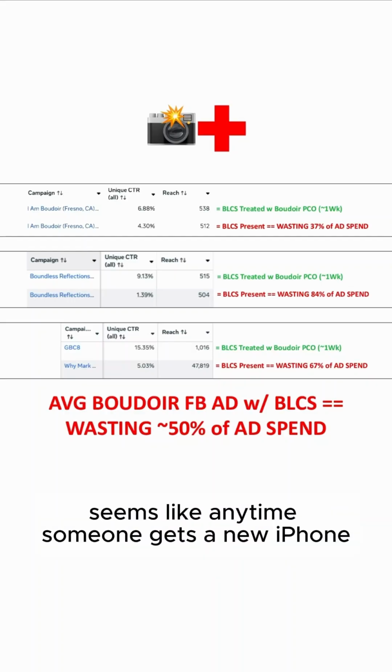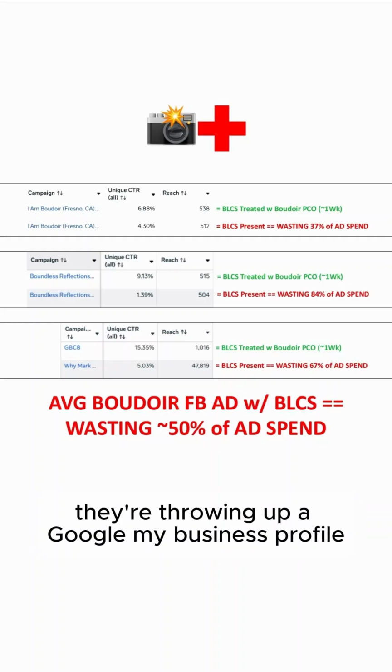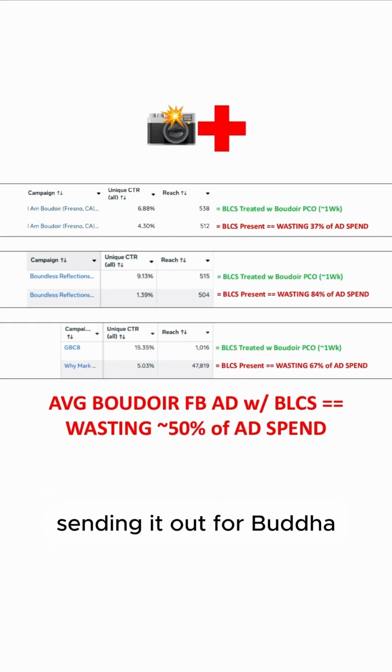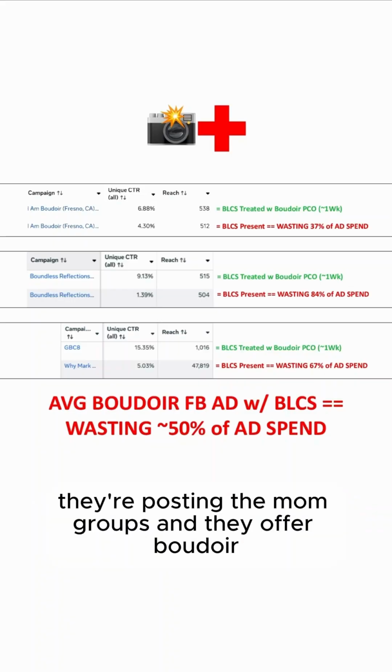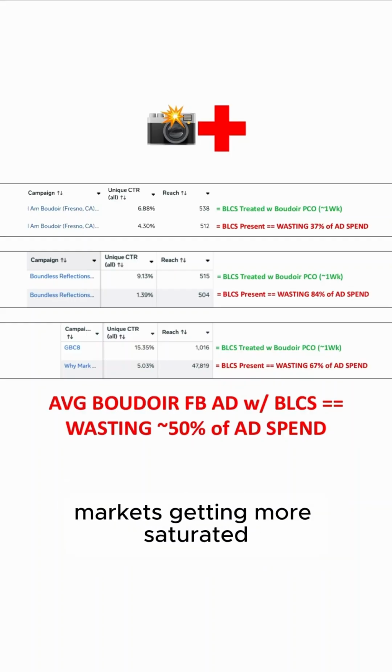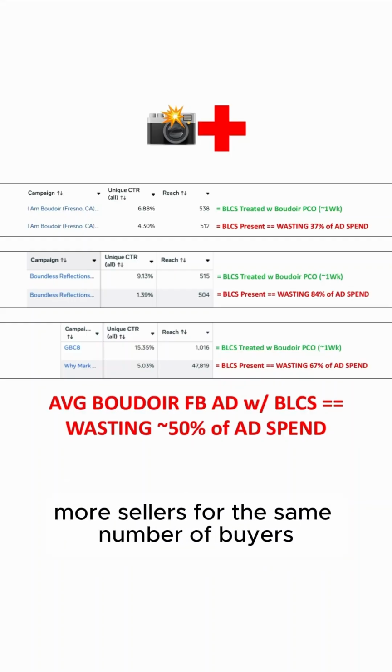Seems like anytime someone gets a new iPhone, they're throwing up a Google My Business profile saying they offer Boudoir. Or anytime someone gets a new camera, they're posting in the mom group saying they offer Boudoir. So the market's getting more saturated, more sellers for the same number of buyers.